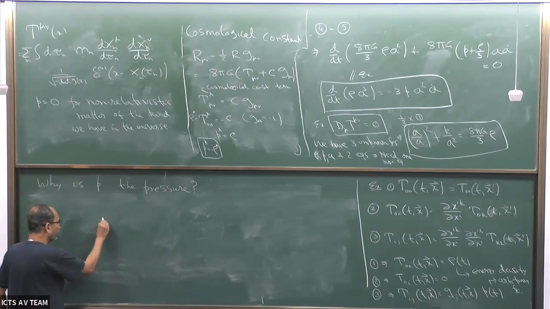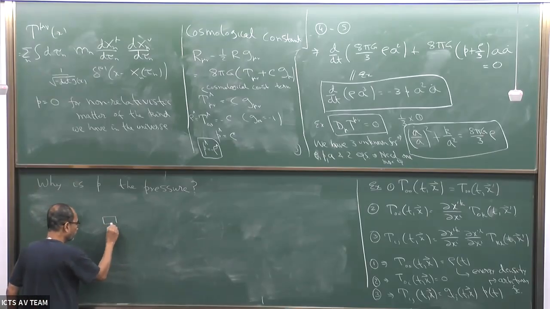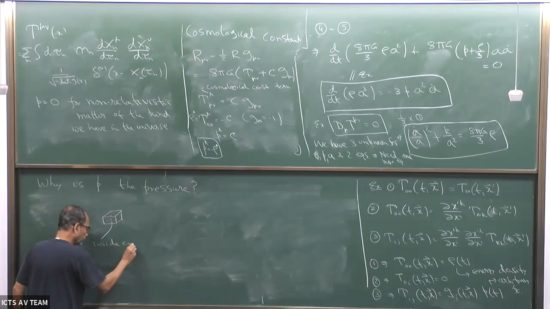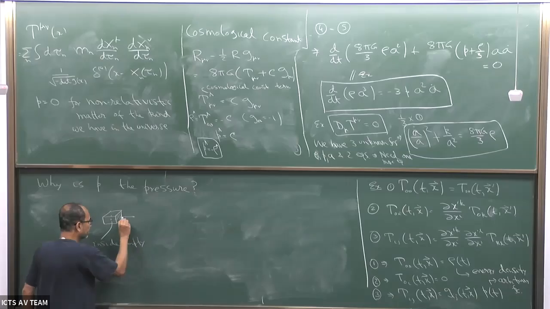So you have a gas of particles. Now let's empty out a box, a cube, so inside is empty. Let's look at some particular surface. The normal direction, I'll call the i direction.